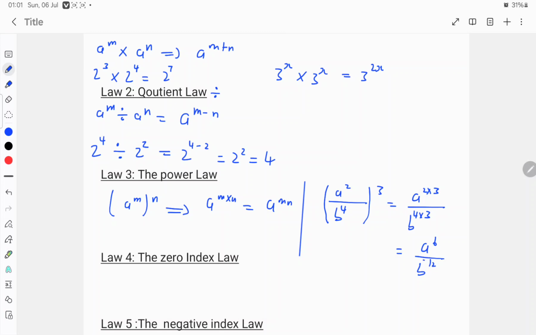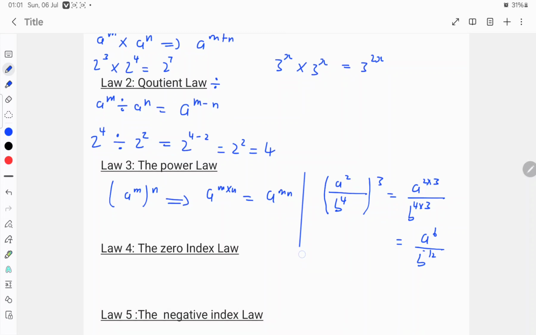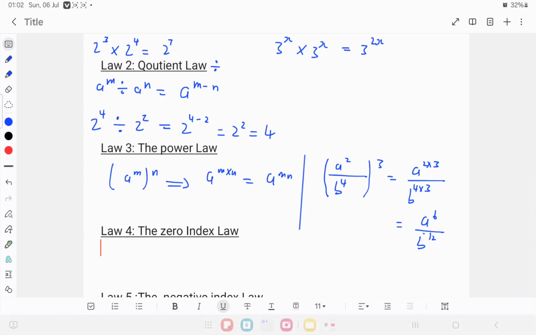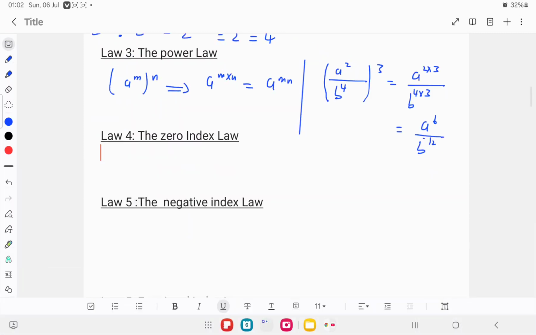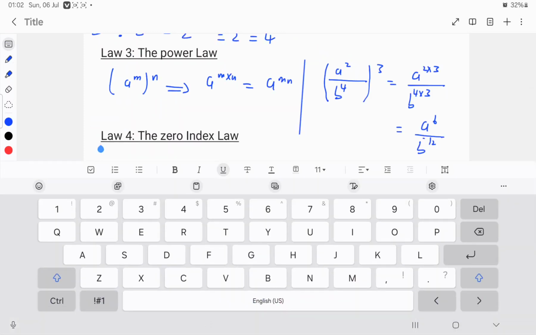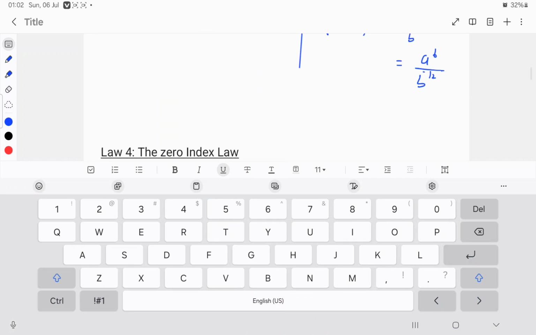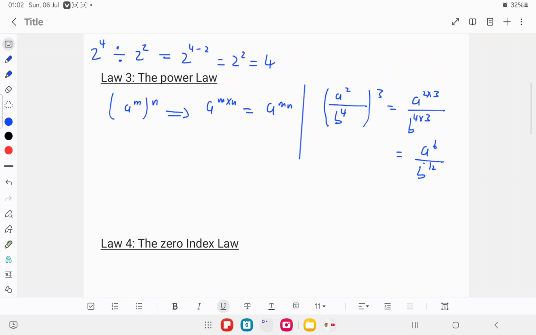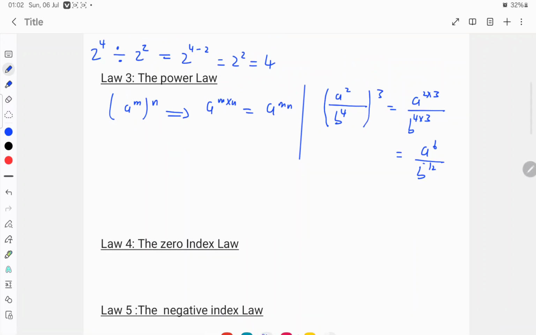A lot of learners make mistakes in this case, because they will confuse this law, this one of multiplying the index, with this one.